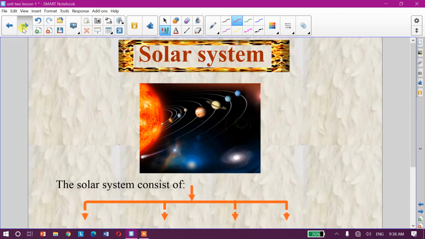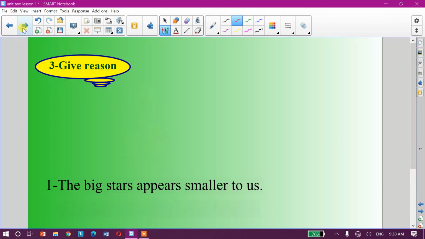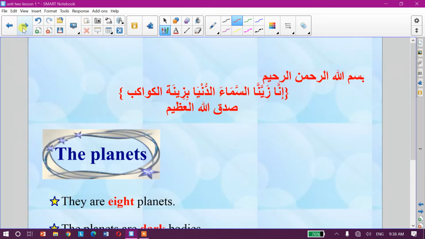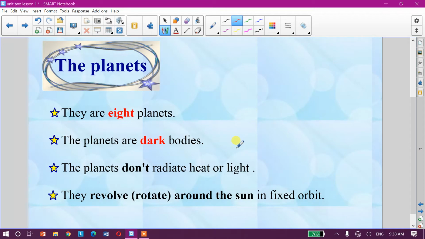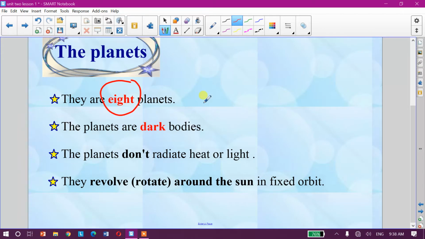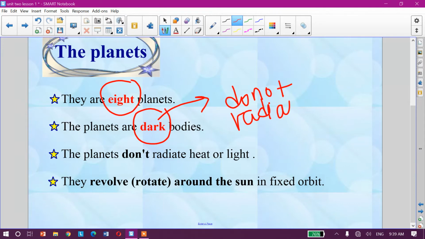Okay, let's see the definition of planets. We have how many planets? Yes, 8 planets. Are planets shining bodies? No, they are dark bodies. What's the meaning of dark? Yes, they don't radiate. What's the meaning of radiate?